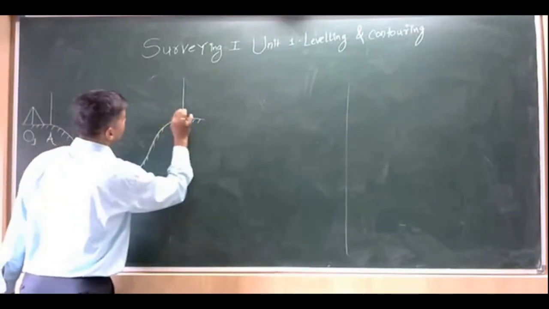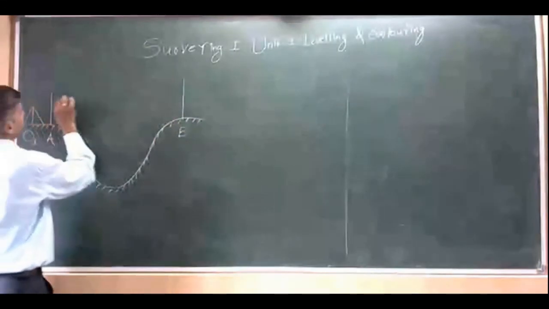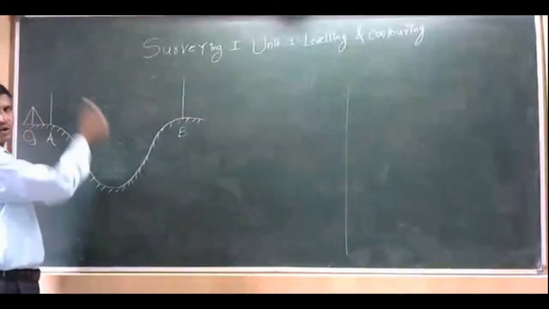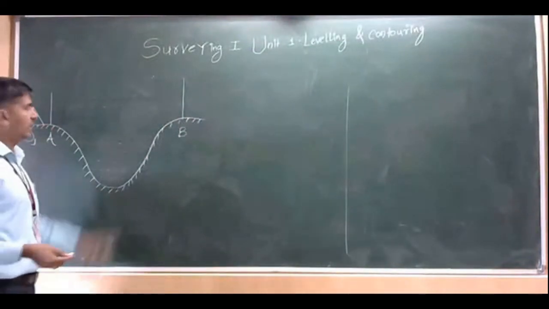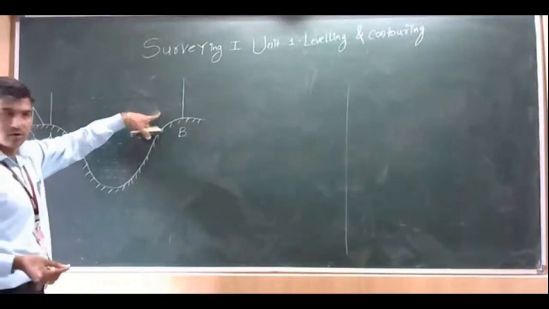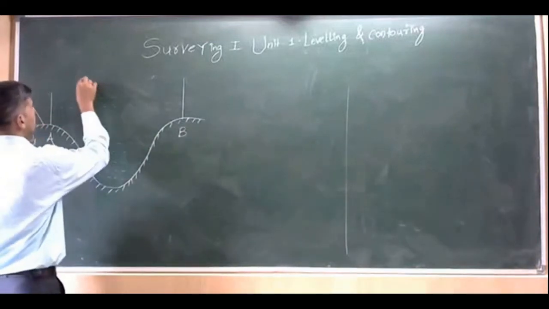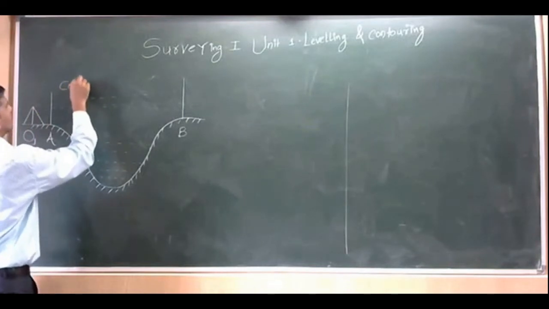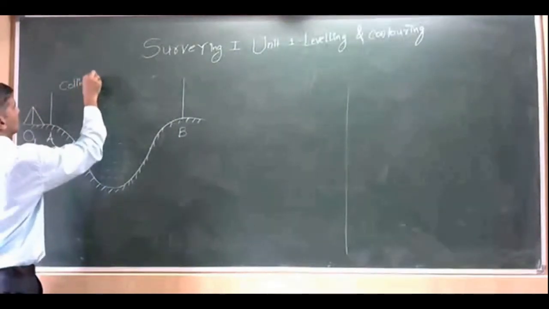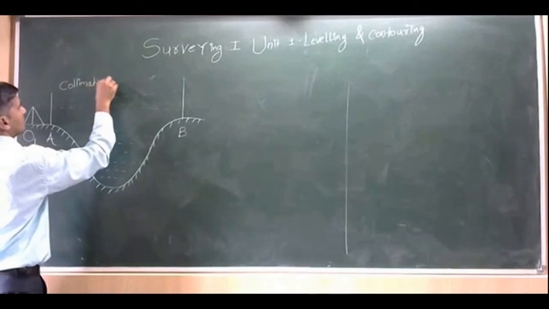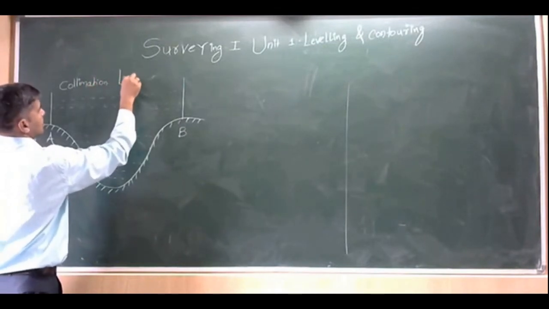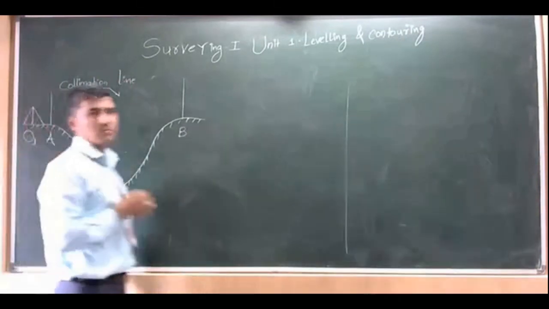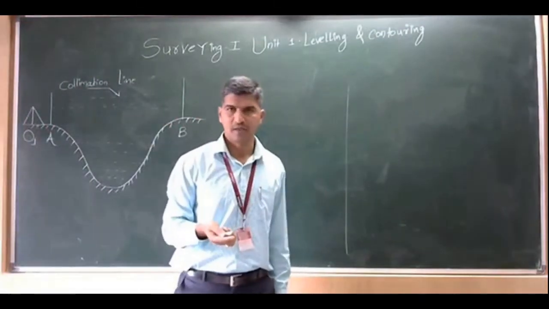I have shown the 3 lines. One is exactly horizontal, the second one is inclined upward and one is inclined downward. The one which is inclined upward is my collimation line.